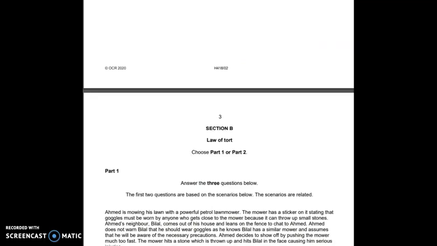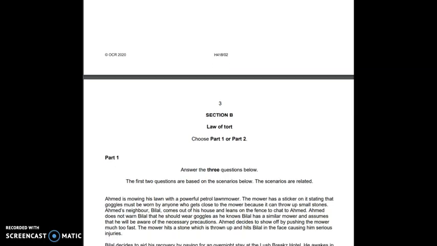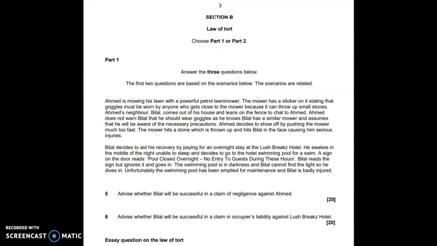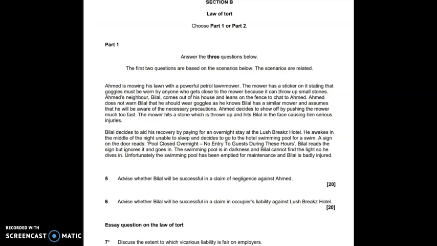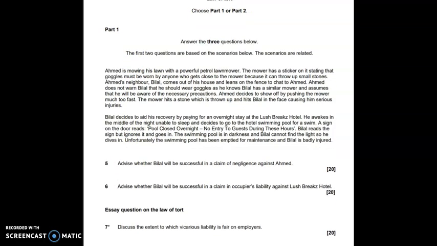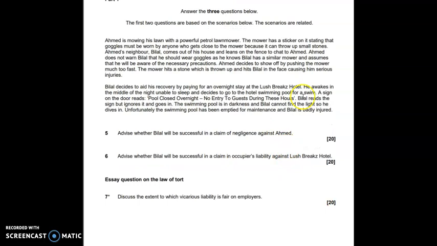So in section B we get into the law of tort, and you have to choose either part 1 or part 2 on tort. So part 1, you've got a scenario question, and then you will have 2 20-markers based on the scenario, and then an essay that isn't based on the scenario but still on the law of tort.